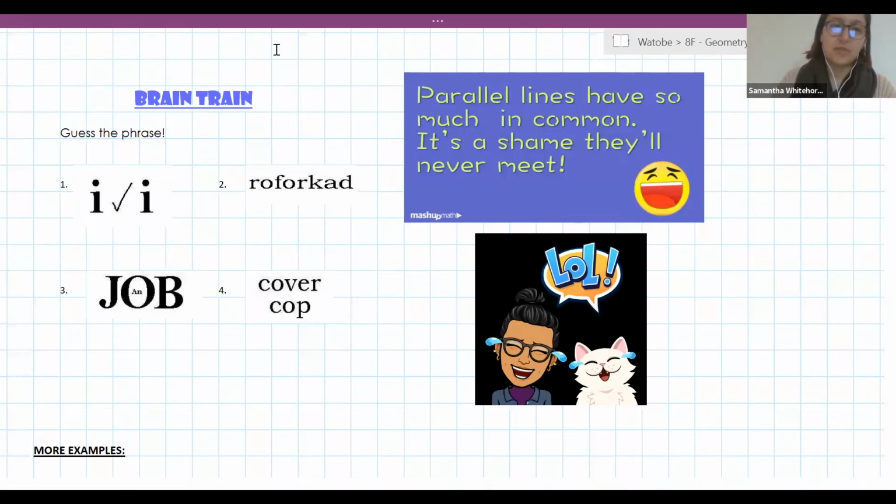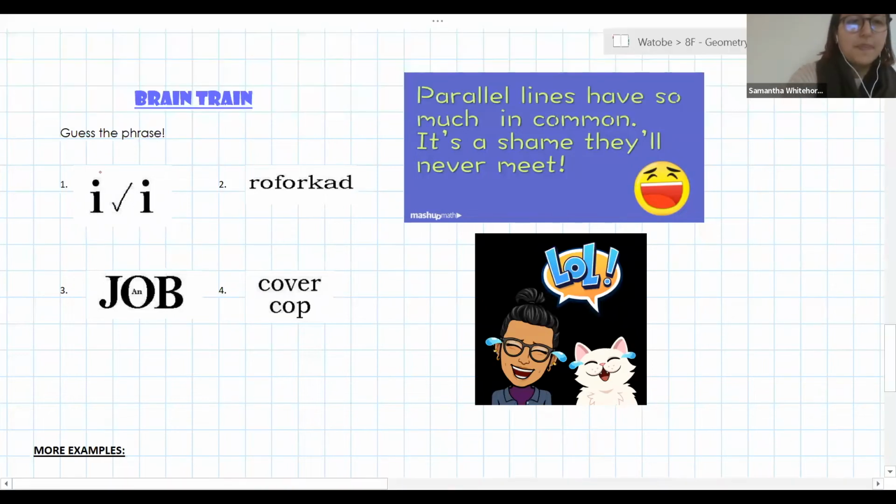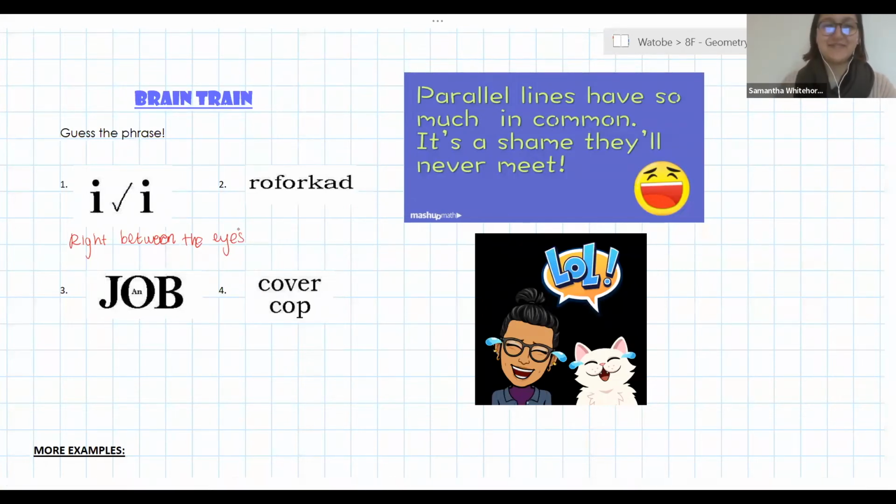So for example, I don't want to give anything away, but if we just look at the first one, this would be right between the eyes. Oh my word, that's awesome. I didn't see that. Guys, do you see it? That's right between the eyes. So the tick is the right, and then it's also in between the eyes. That's really awesome.